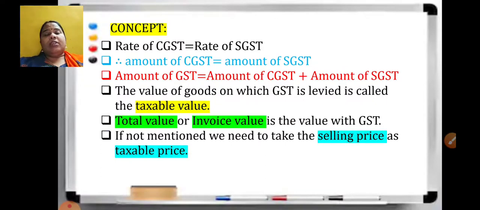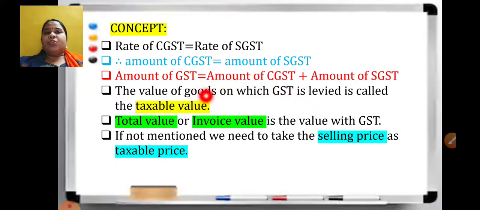Many students get confused between this taxable value and total value. Total value or invoice value is the value with GST. Now try to understand. Taxable value is the value on which GST is to be calculated. Okay. Once that GST is calculated, when I add it to the amount of the price of the product, what we get is the total value. So total value will include GST.